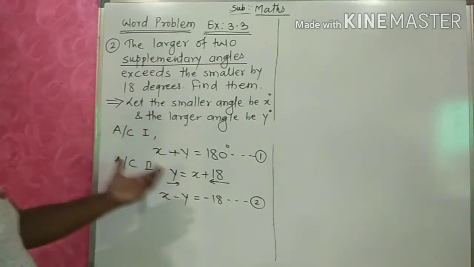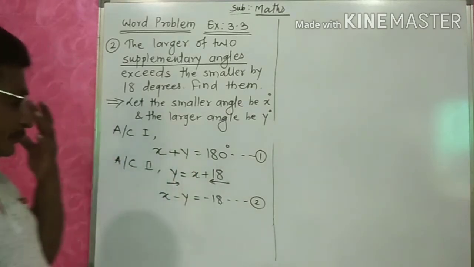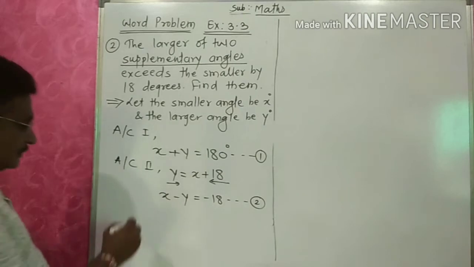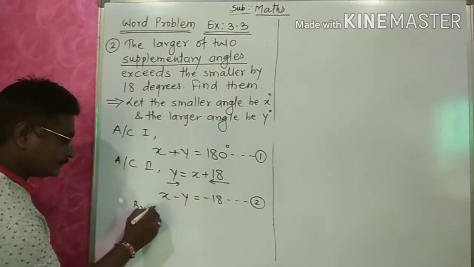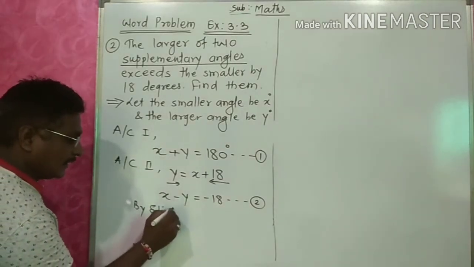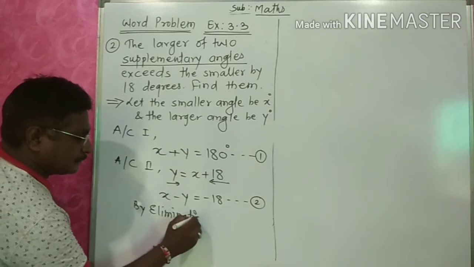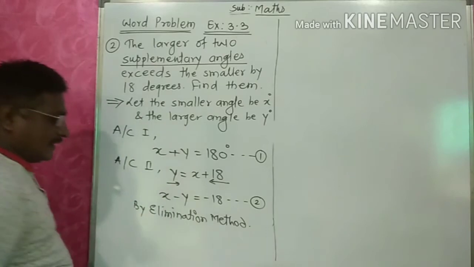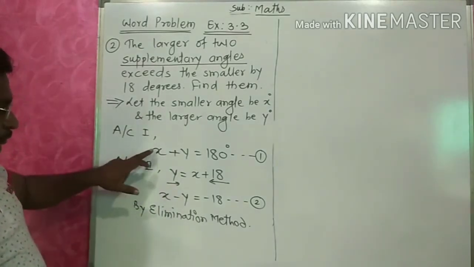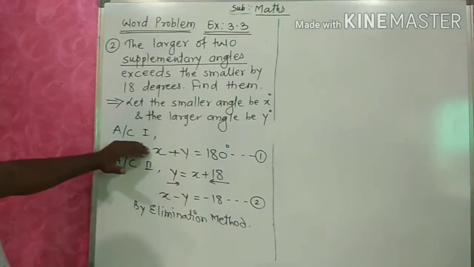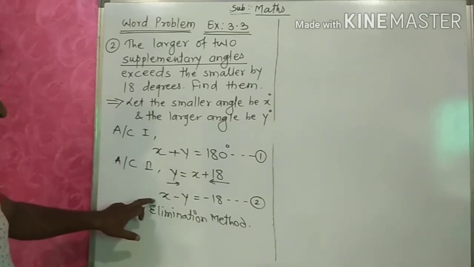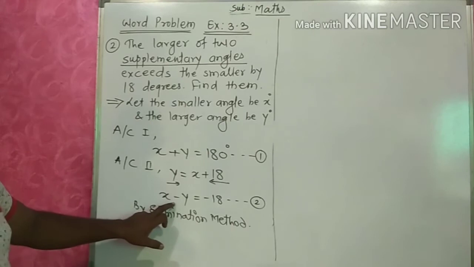Earlier we solved by substitution method. Now this we will solve by elimination method. By elimination method, what has to be done? Make their coefficients equal. Already their coefficients are equal and the signs are opposite.